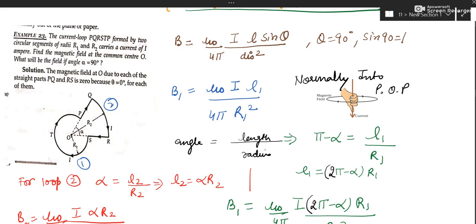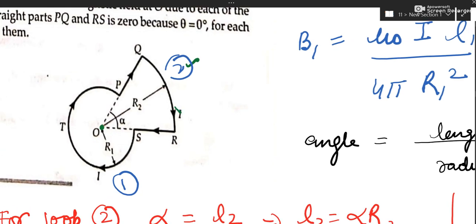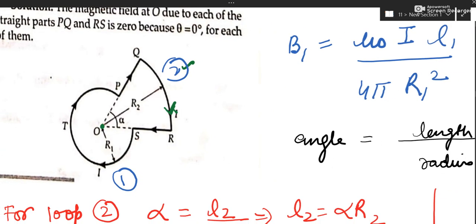Again in this question we'll have to find the magnetic field at the center due to this portion which I've labeled as 2, and you can see the sense of current is this. And the magnetic field due to these portions will be 0 because the point is lying along the line.